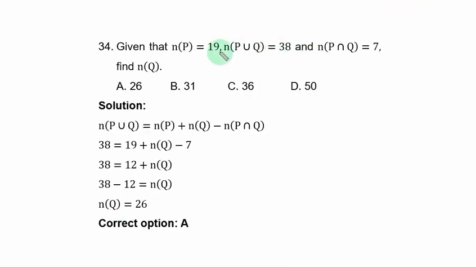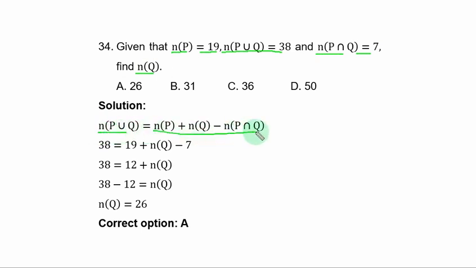Question 34. Given that the number of elements in set P is equal to 19, the number of elements in the union of P and Q is equal to 38, and the number of elements in the intersection of P and Q is equal to 7. Find the number of elements in Q. From set theory, the number of elements in the union of two sets is expressed in this form.